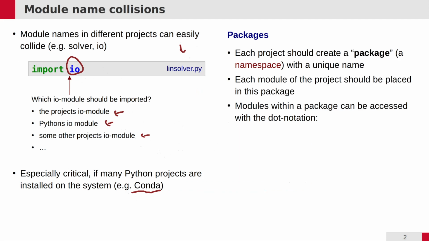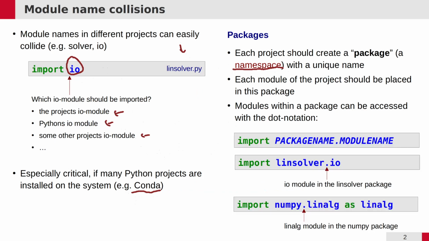Packaging in that sense means not installable packages, but Python packages, a kind of namespace. So basically we are uniquely identifying our project with a certain prefix, and then whenever we want to access modules within our project, we identify them with that prefix, dot, the module name.